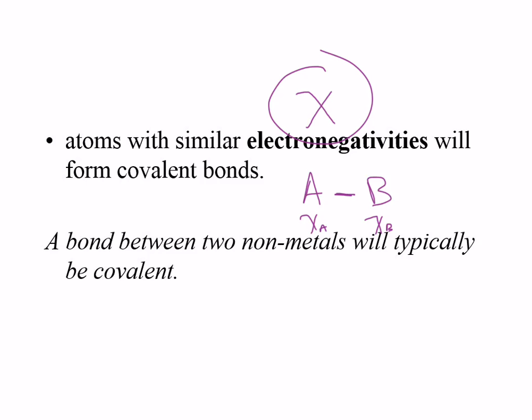And actually, I'll finish this thought. You're going to see the electronegativity values of the elements again. We said you can come up with something called a delta chi. Remember that? It's the absolute value of the difference of electronegativities.